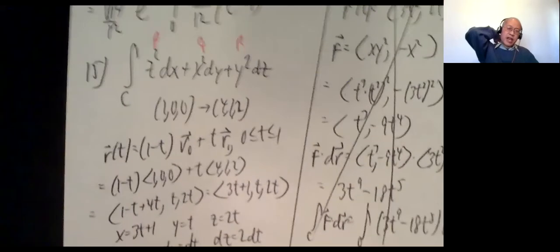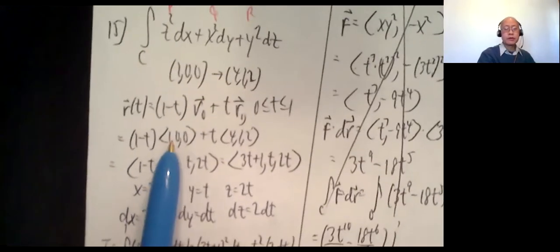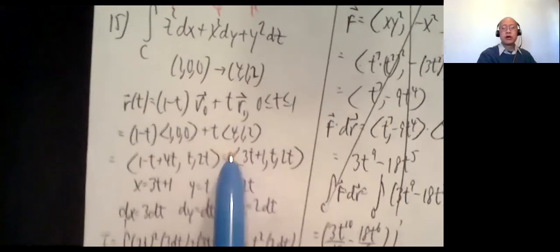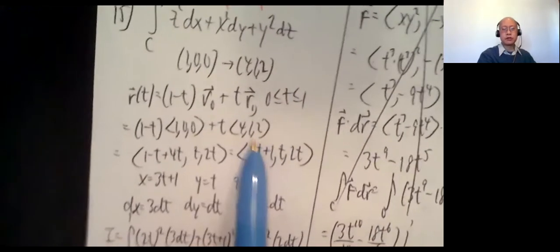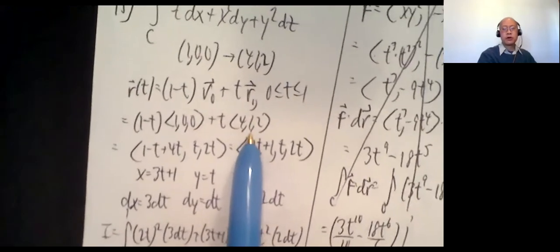It's very nice because you can't get any better than integrating from 0 to 1. r0 is (1, 0, 0) written as a vector. It's a position vector. r1 is (4, 1, 2) written as a vector. So instead of parentheses, write it as vector 1, 0, 0. So 1 minus t times that plus t times 4, 1, 2.